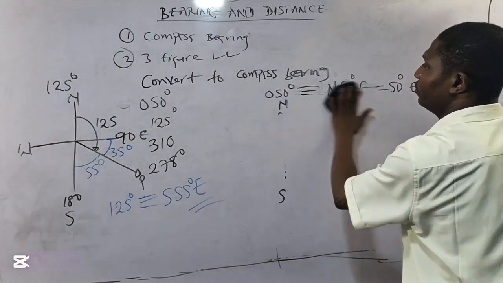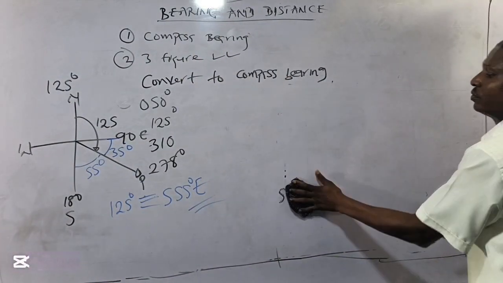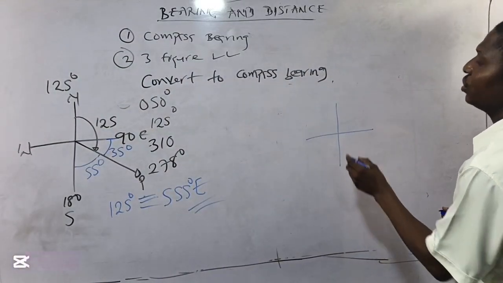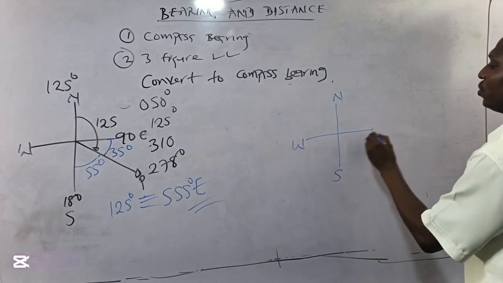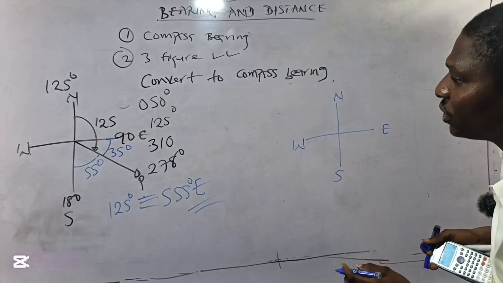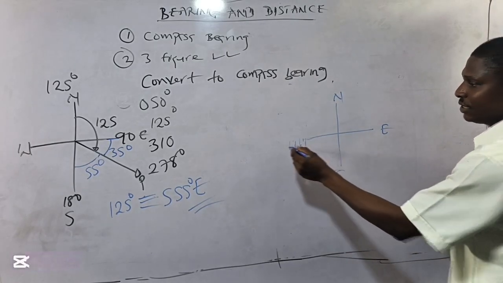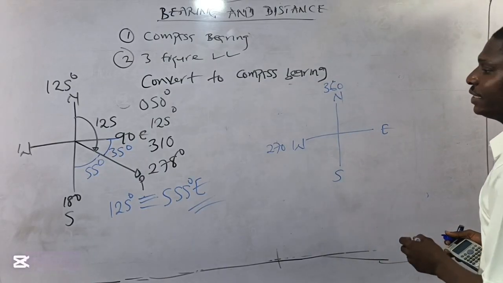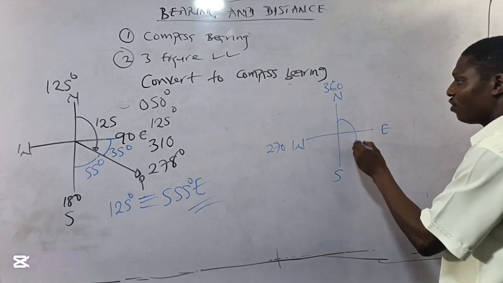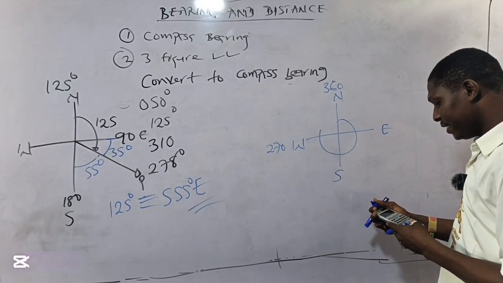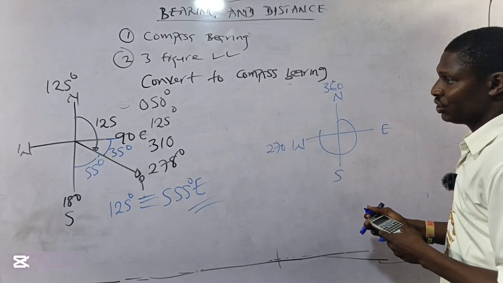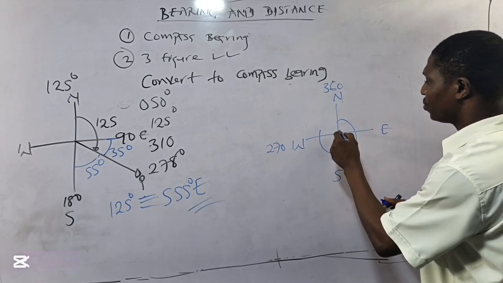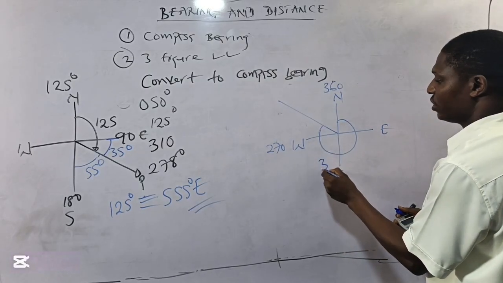So the third is 310 degree. So this is north south, this is my west and east. Now 310 degree. 310 is greater than 270, but less than 360 degree. Now 310. If I say 310 is coming from this way down to whatsoever we have here. If I say 310 minus 270 will give me 40. So I have here to here to be 310 degree.